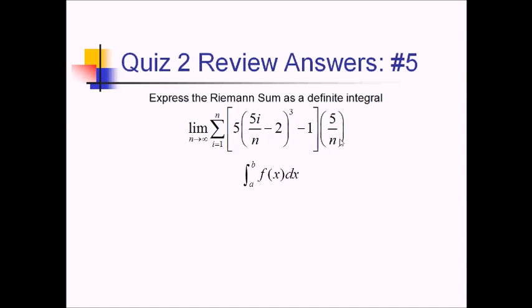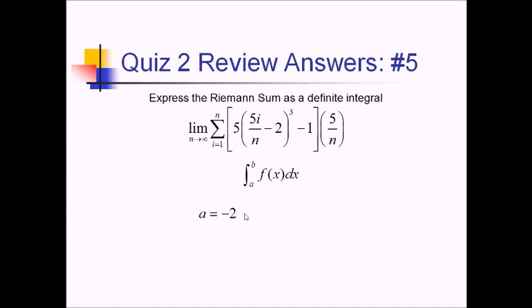Since I've got 5 over n, 5i over n, this is essentially i times delta x, and that means that this negative 2 must be the a value that gets added to the i delta x. So this negative 2 is going to be my a value, and this whole thing here, 5i over n minus 2, is all just going to become x when we put it into integral form.